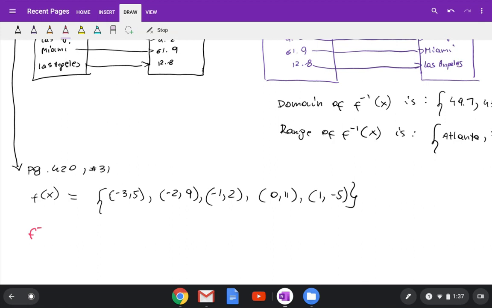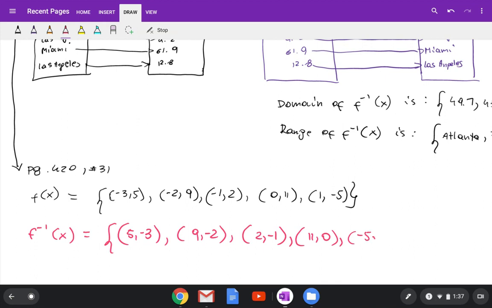So inverse function, we're switching x with y. So it's going to be (5, -3), (9, -2), (2, -1), (11, 0), (-5, 1). So that's the inverse function.